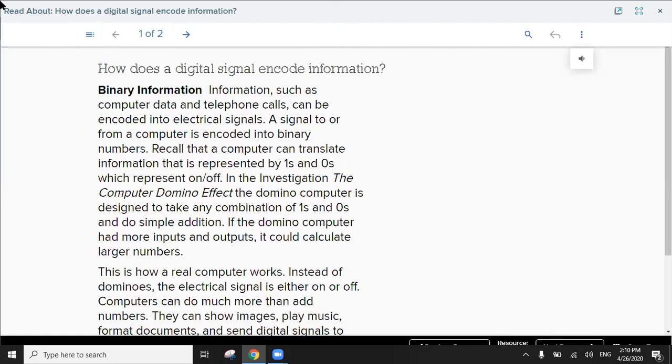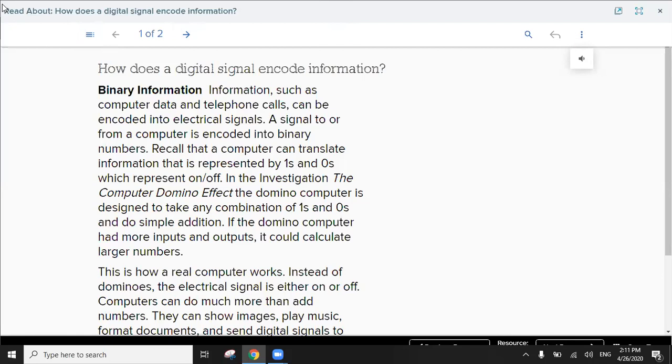In the investigation, the computer domino effect, the domino computer is designed to take any combination of ones and zeros and do simple addition. If the domino computer has more inputs and outputs, it could calculate larger numbers. Okay, good.